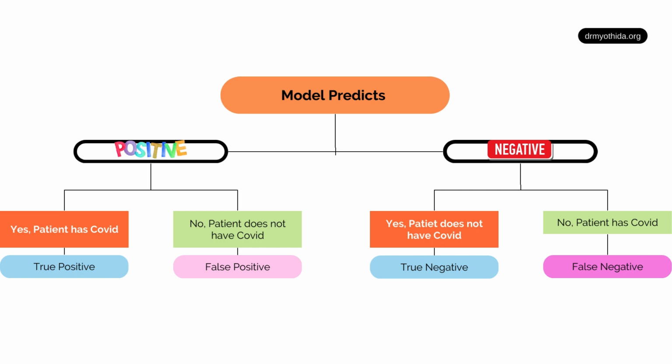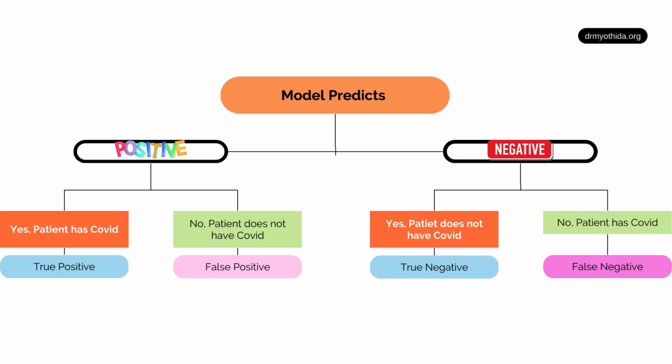In another case, our model predicts positive, but the patient doesn't actually have COVID. So we predicted positive, but our positive is wrong, so it is called a false positive.